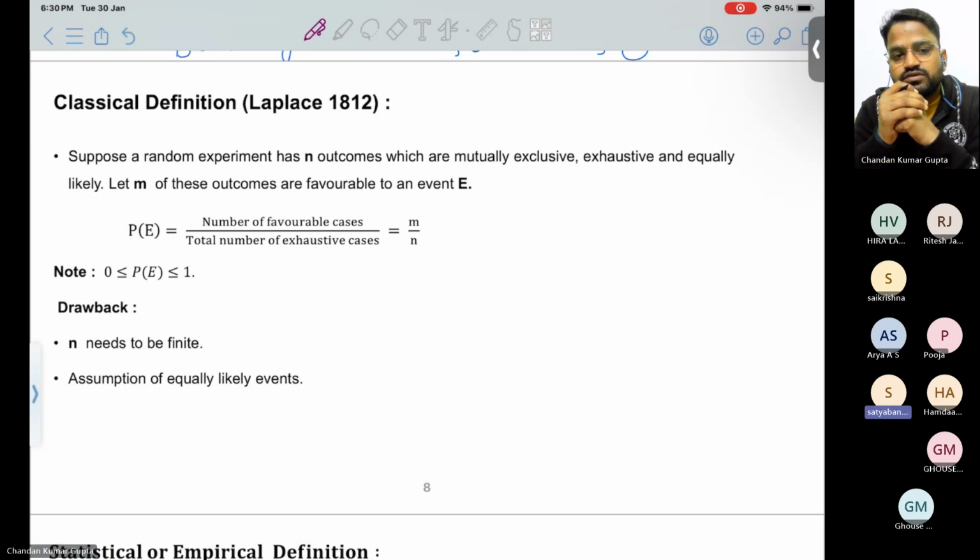Relative frequency means when n tends to infinity, the number of trials tends to infinity, then it is the number of favorable cases divided by the total number of cases.